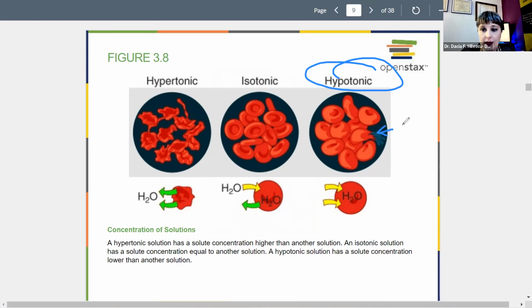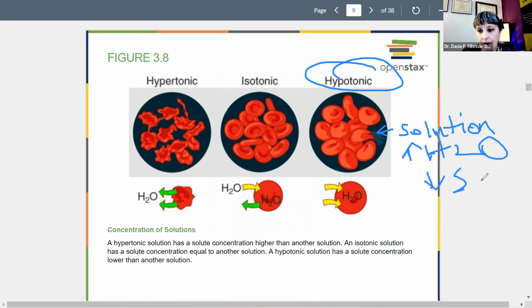Hypotonic solution means that the solution is high in water, high levels of water, okay? Lots and lots of water molecules, but low in solute. So I'm going to use, again, glucose as an example. I'm going to draw glucose inside, so we can say there's more solute here. We can even say sodium chloride, glucose, whatever, because cells have a bunch of solutes, right?